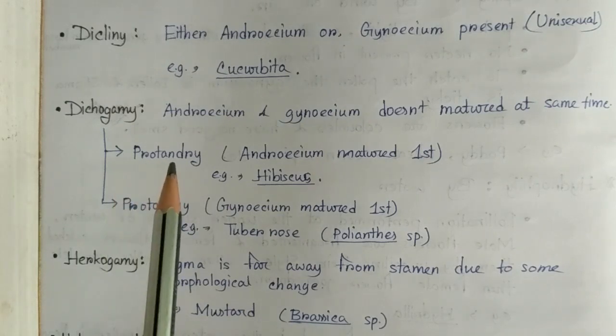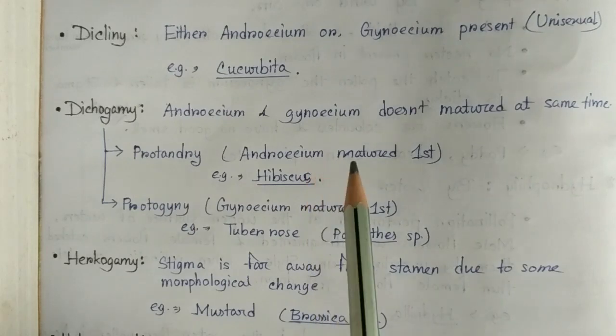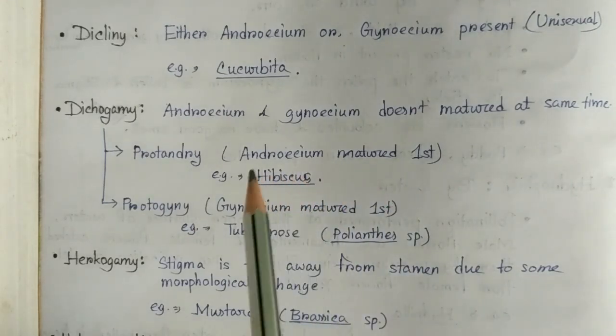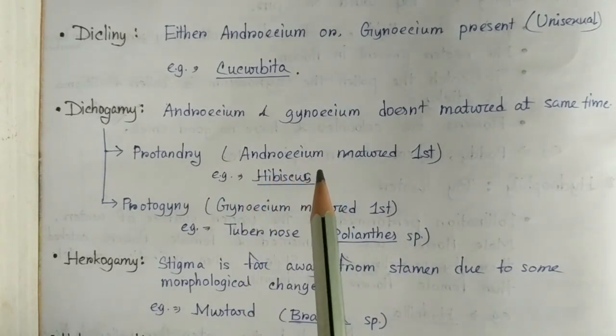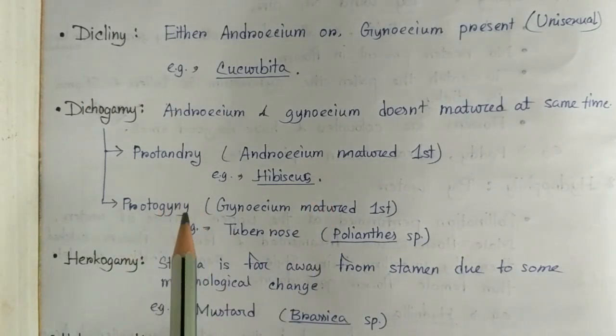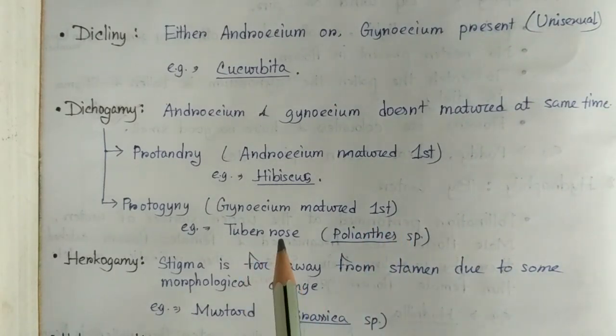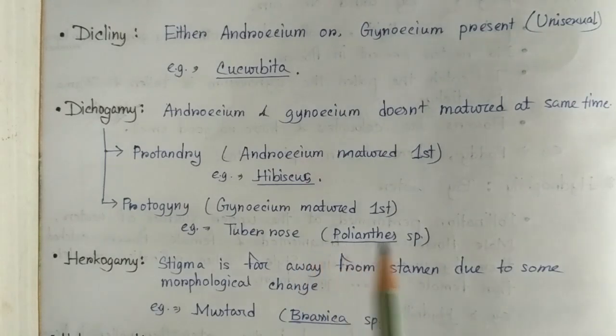First one is protandry, meaning androecium matures first. Example, hibiscus, Rosa sinensis. Another one is protogyny, meaning gynoecium matures first. Example, tuberose. The scientific name of tuberose is Polianthes tuberosa.